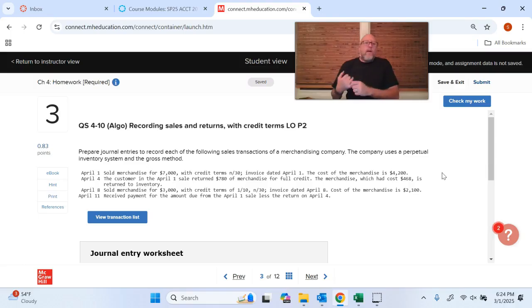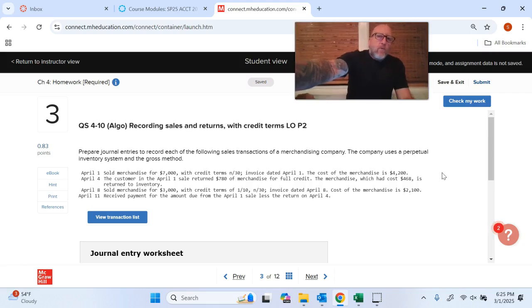When we sell using a perpetual inventory system, at the time of the sale, we make 2 journal entries. The first journal entry is to record revenue, and the second is to record the cost of goods sold and the reduction of our inventory.